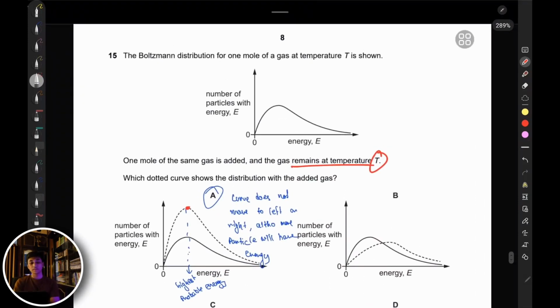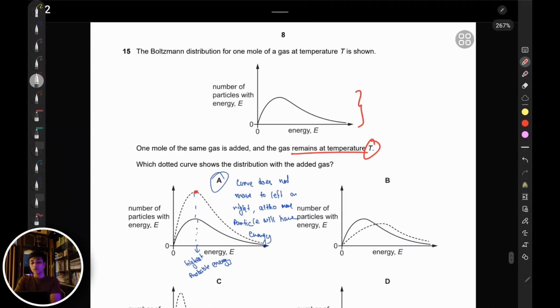Question 15. The Boltzmann distribution for 1 mole of a gas at temperature T is shown. Number of particles with energy E. This is the normal, initial curve. 1 mole of the same gas is added.